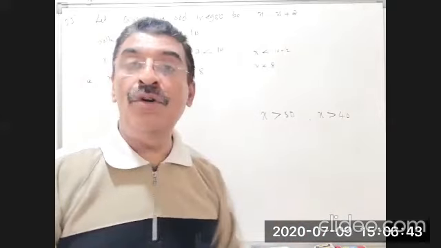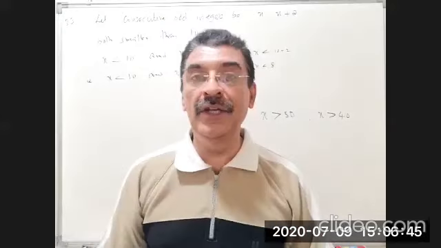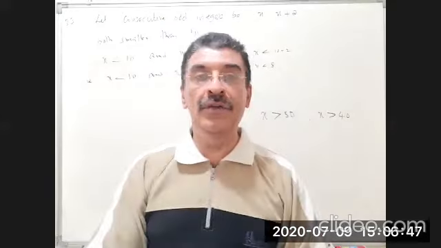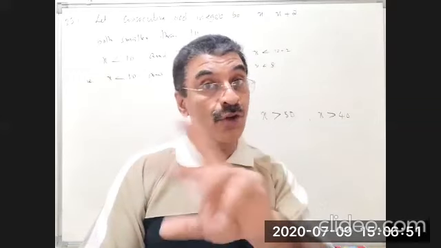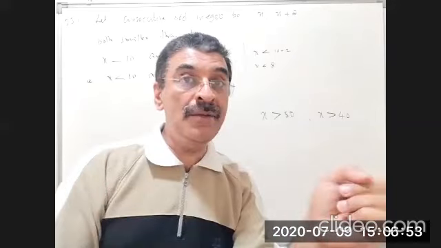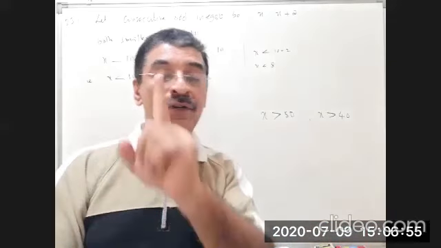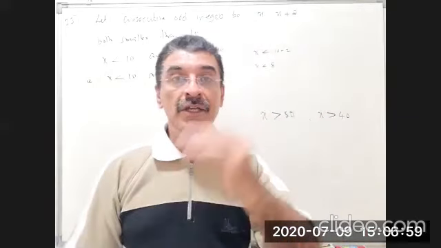Those who are more than 50 kg, definitely they will be more than 40 kg. Whereas it's opposite: those who are more than 40 kg may not be more than 50 kg. For example, a student of 45 kg is more than 40 kg, but not more than 50 kg.